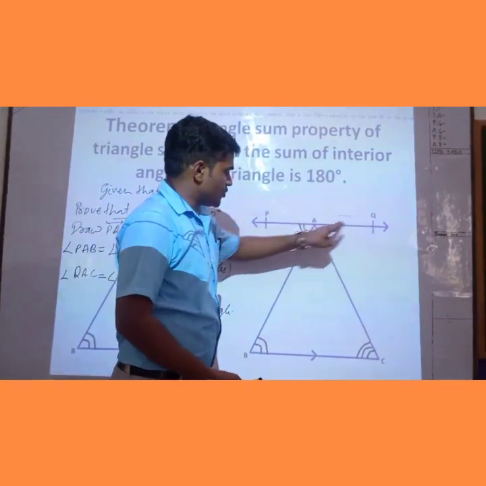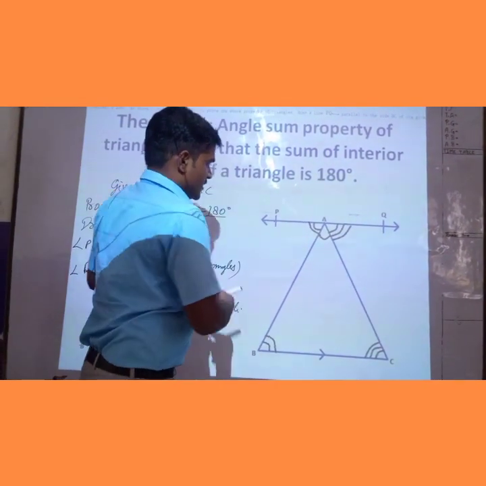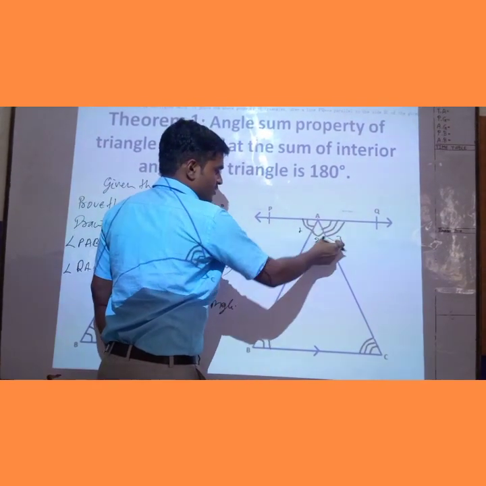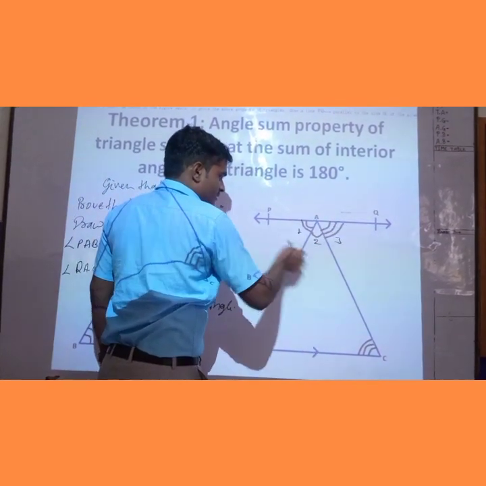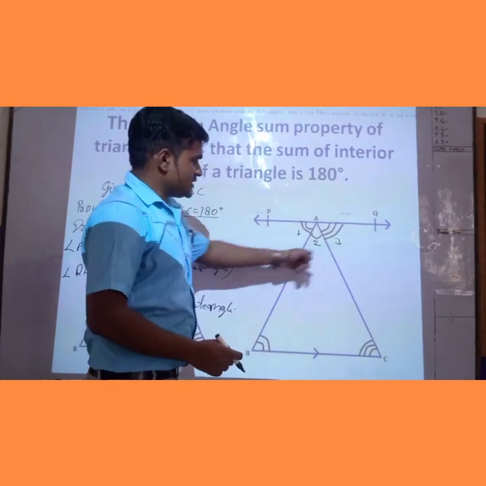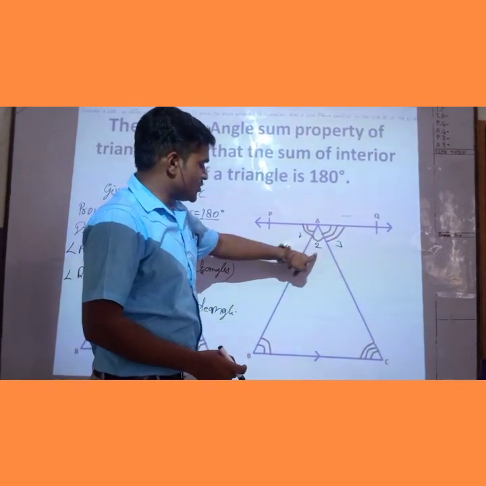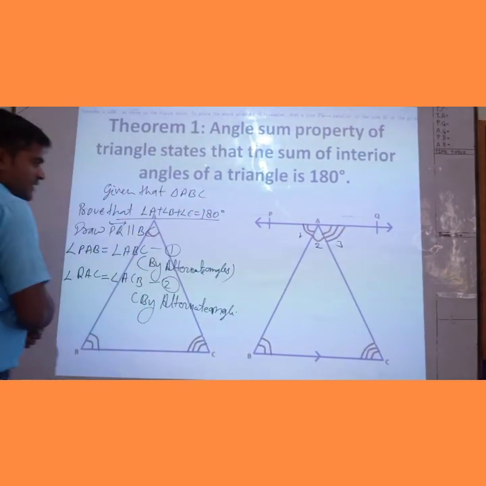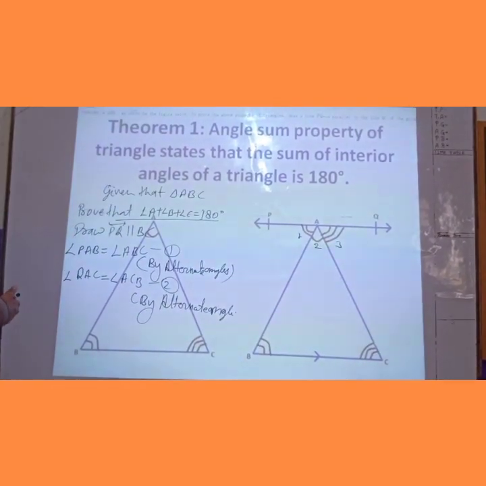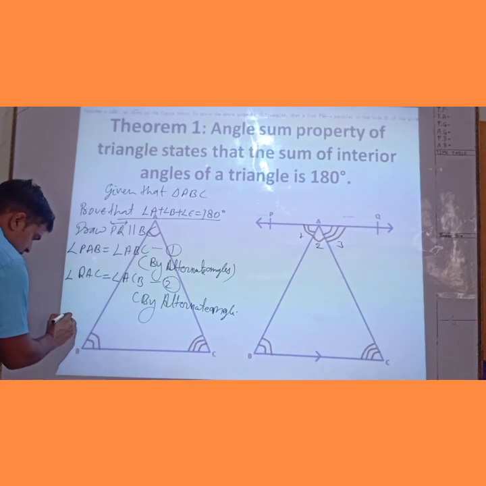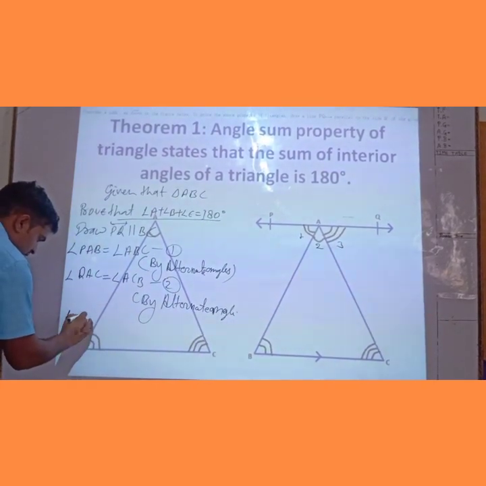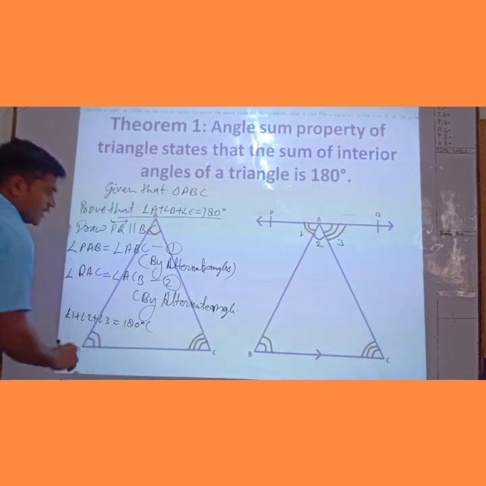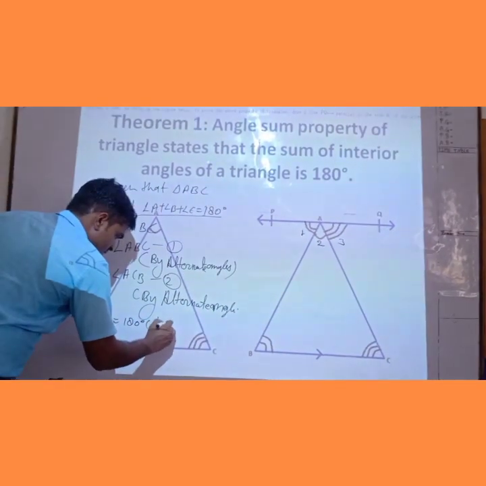So children, we consider angle PAB, angle BAC and angle QAC as angles 1, 2 and 3. Angle 1 plus angle 2 plus angle 3 make a linear pair; they make a straight angle. So angle 1 plus angle 2 plus angle 3 is equal to 180 degrees, because they make a linear pair.